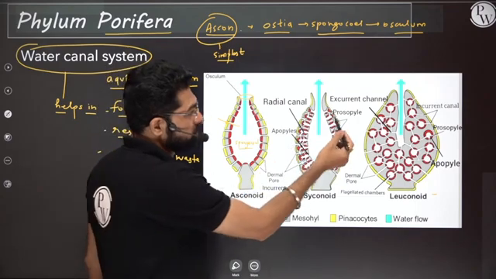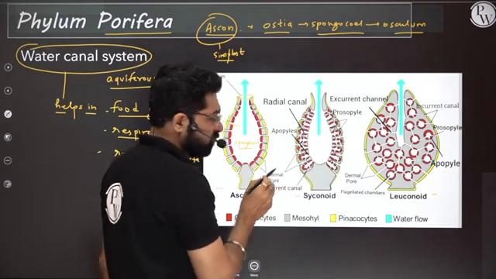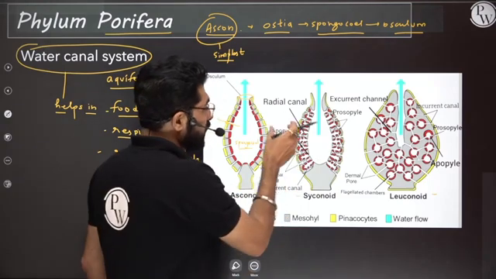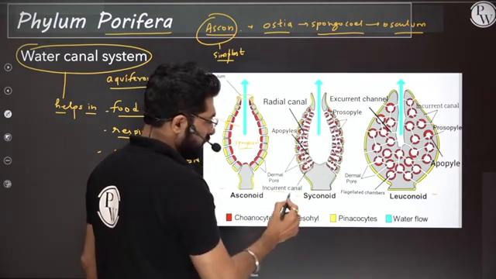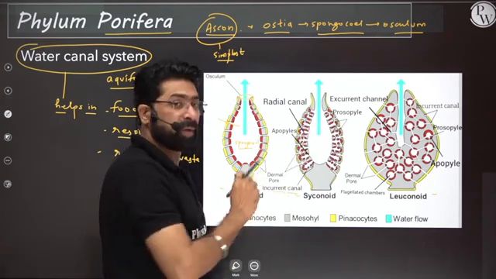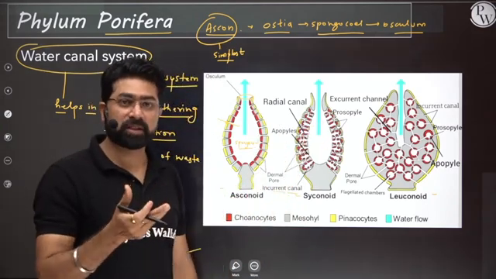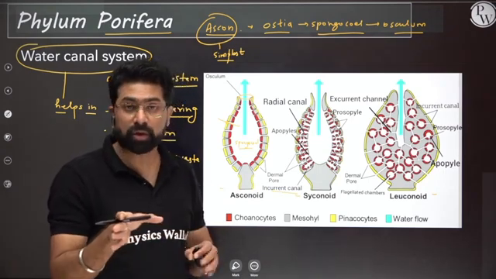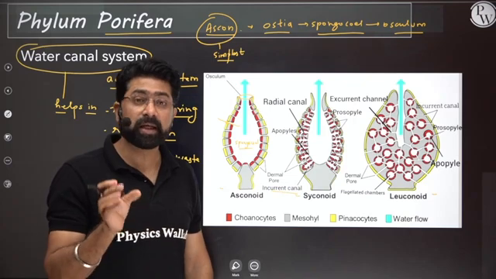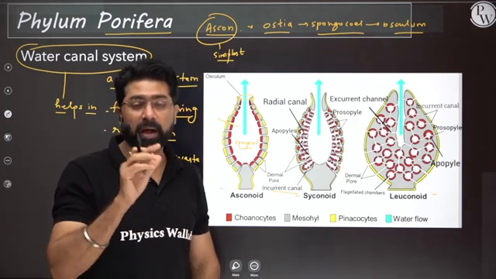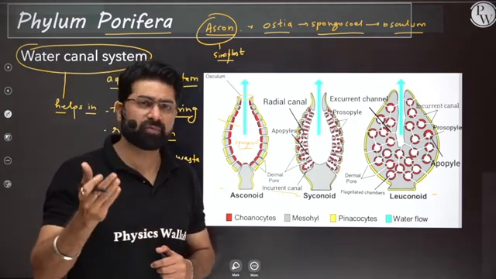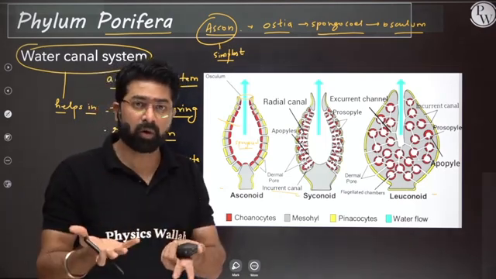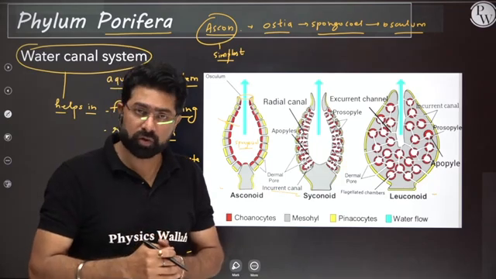prosopyle. Can you see prosopyle? Once the water goes to the dermal ostia, it goes into a structure called incurrent canals, and then it goes to prosopyle. Afterwards it goes out into the radial canal, and through the radial canal it goes out into the spongocoel through a structure called the apopyle, and through the spongocoel it comes out to the osculum.